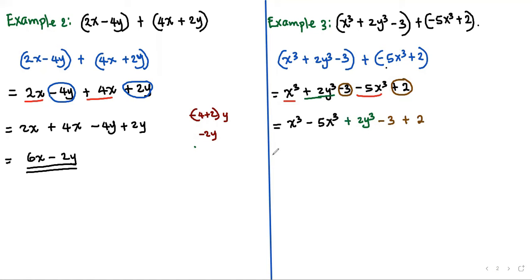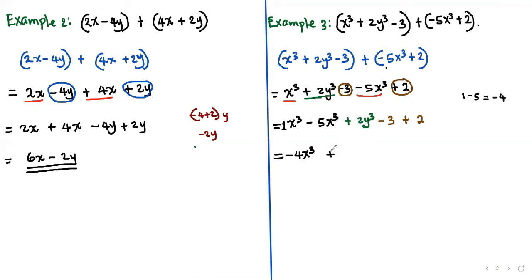So let's get the difference between these two monomials, x cubed minus 5x cubed. Just consider this as 1x. So you get 1 minus 5, that will give you minus 4. So you are having minus 4x cubed.